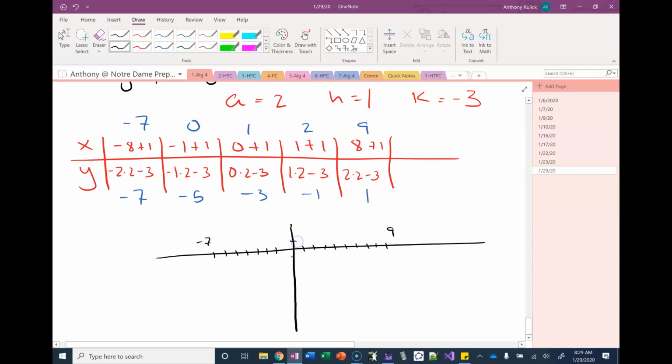And 1, 2, 3, 4, 5, 6, 7. So I'll start by plotting negative 7, negative 7. And then I'll have 0, negative 5. And I have 1, negative 3. And then 2, negative 1. And then 9, positive 1. Everybody okay here?